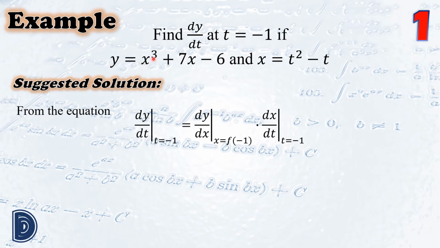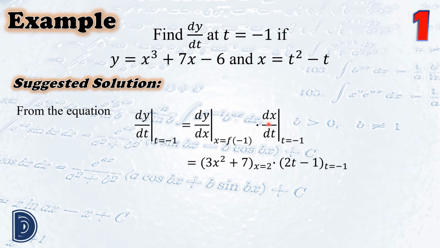So we have the derivative of x cubed, that is 3x squared. Derivative of 7x, that is 7, and the derivative of negative 6 is 0. So we have 3x squared plus 7 at x is equal to 2, because f of negative 1, we have negative 1 squared, that is 1, minus negative 1. So when t is negative 1, x is equal to 2.